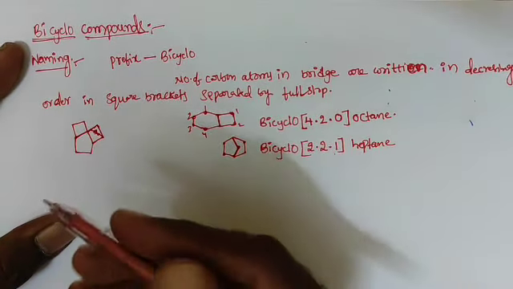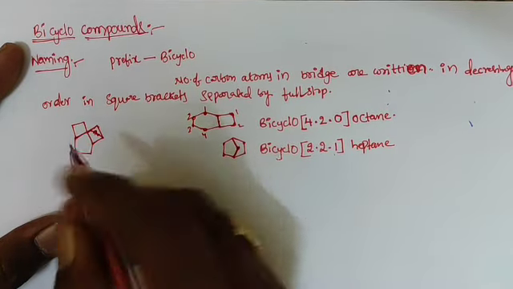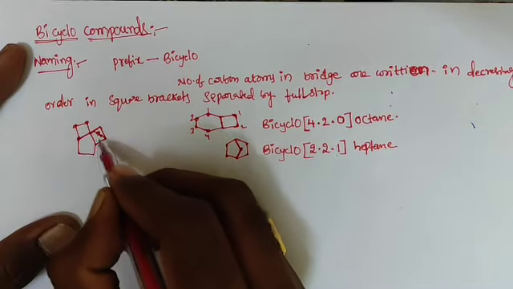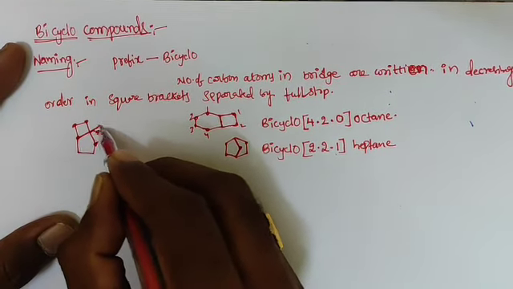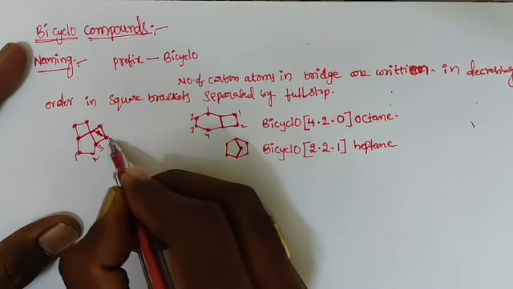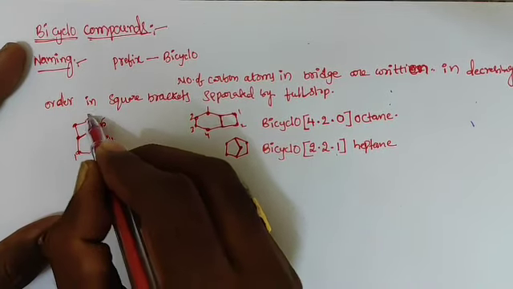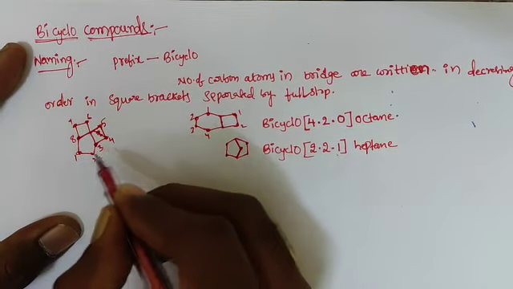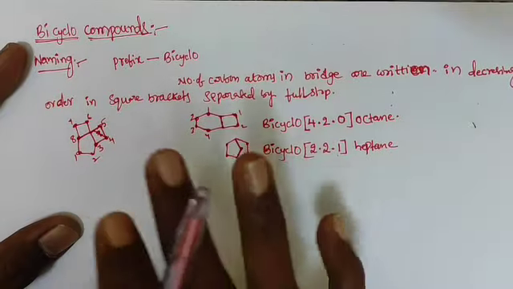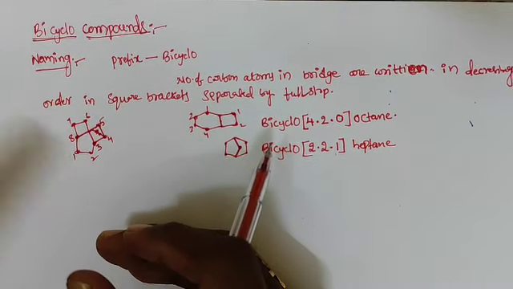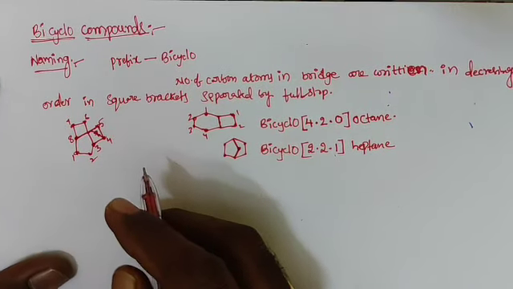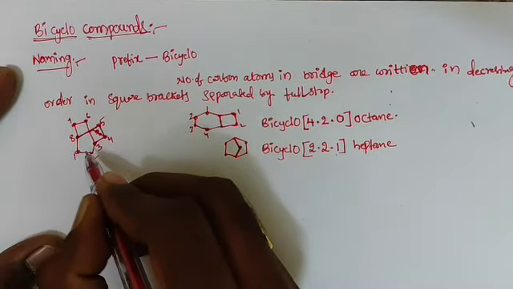It is 3D, but I can't show you here. This is carbon, this is carbon, and so on. Total number of carbons: 1 2 3 4 5 6 7 8. Only 8 is there. In this cross there is no carbon, it is like an upward direction, so only 8 carbons.